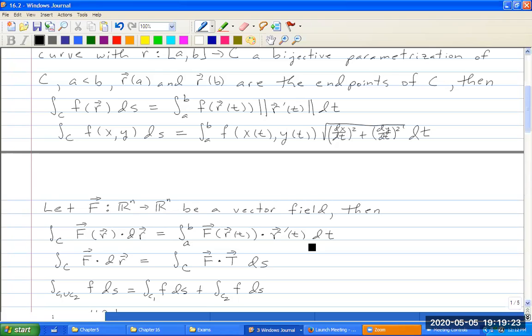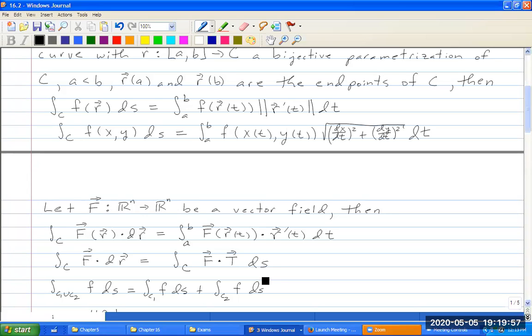The integral over C of f dot dr is equal to the integral over C of f dot the tangent vector ds. So these are all the same sort of thing. It's just more or less concept.